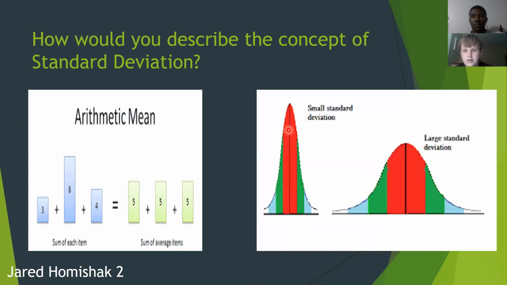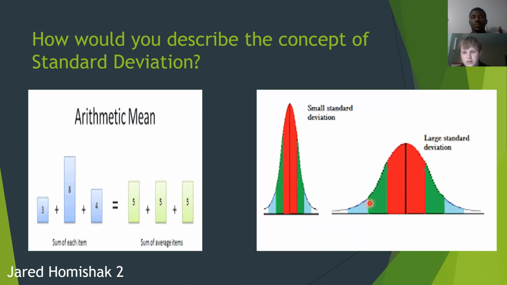As you can see here, the small and large standard deviations have a solid bold line in the middle. That is the mean. Once you go to the left and to the right of each section, that is one standard deviation. In the large deviation, going from the bold line mean in the middle to the end of the red green line would be one deviation.